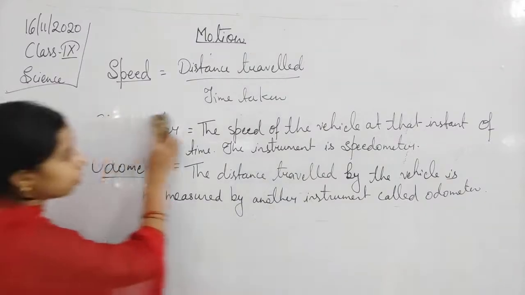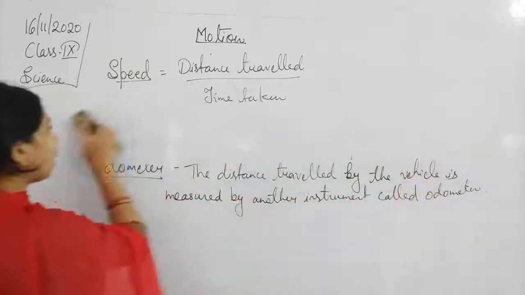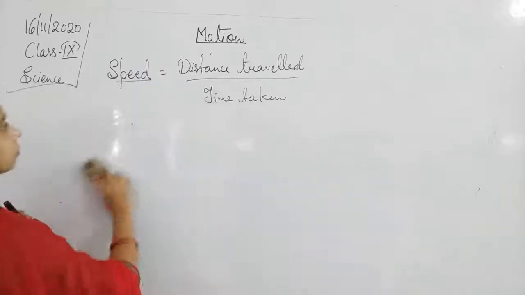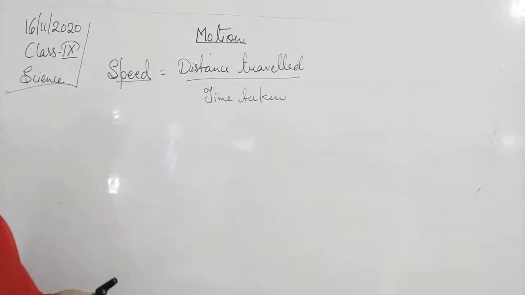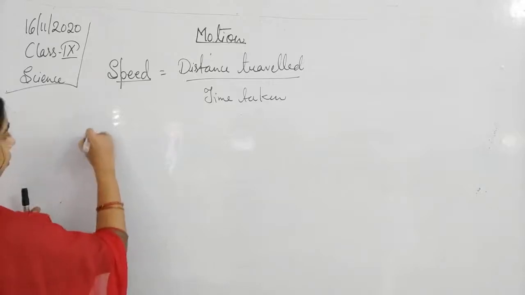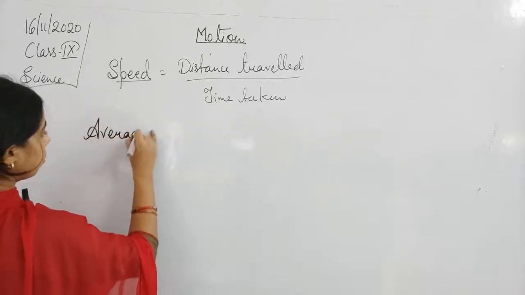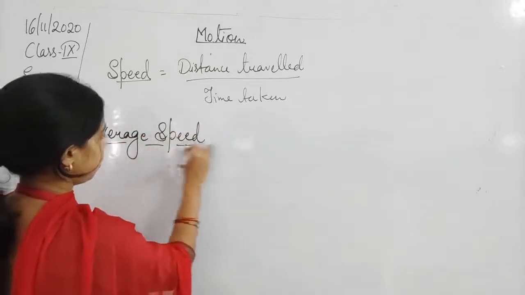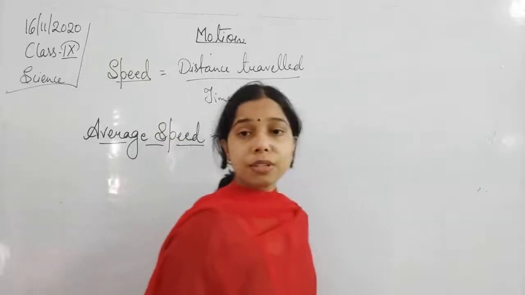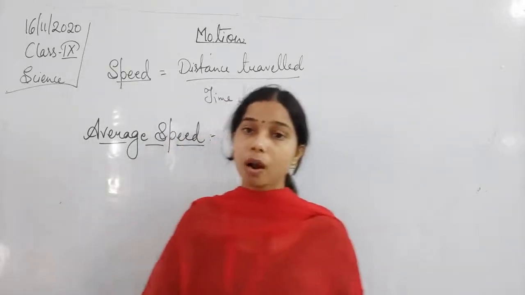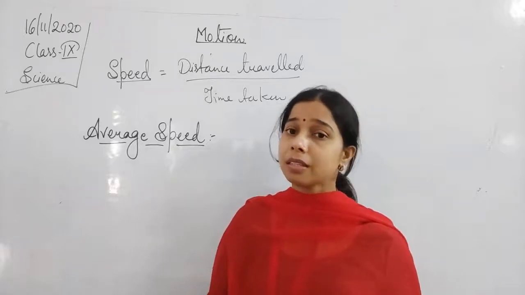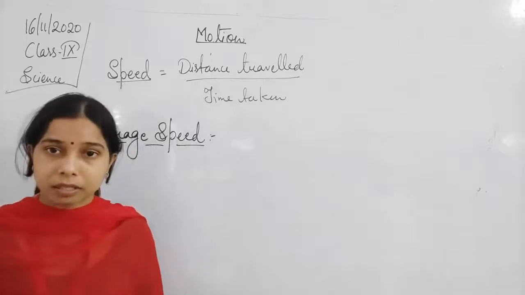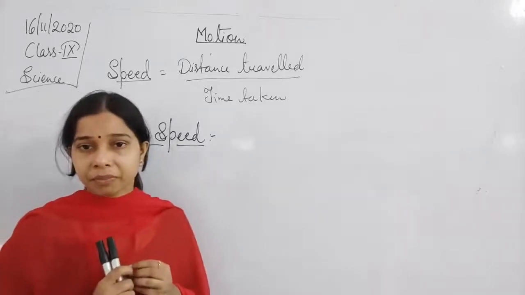Moving on, I am going to explain another concept, and that is average speed. So you see, students, when we talk about the speed of an object, it is not possible for it to remain constant throughout that time.